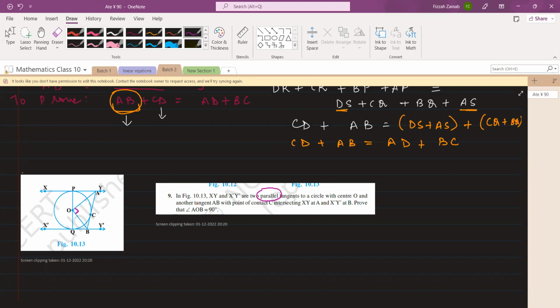Okay, so let us write down whatever is given to us first of all. XY is parallel to X'Y'. This is given.